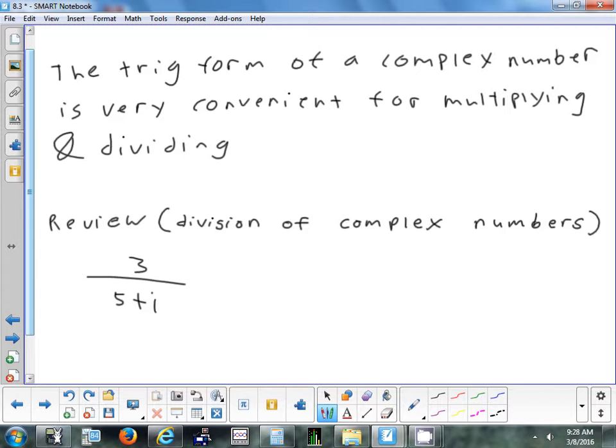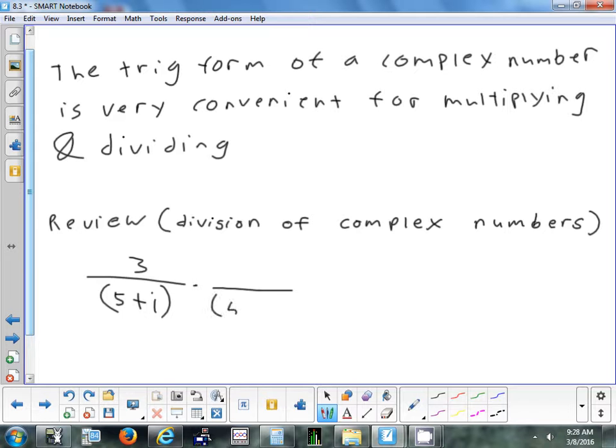All right, let's take a look at how we would have to do division without trig form. Does anybody remember the name of what you multiply the top and bottom by? Good guess, not reciprocal. This begins with a C. Conjugate. Whenever you want to divide complex numbers, you have to multiply top and bottom by the conjugate. Does anybody remember what the conjugate of 5 plus i is? 5 minus i.